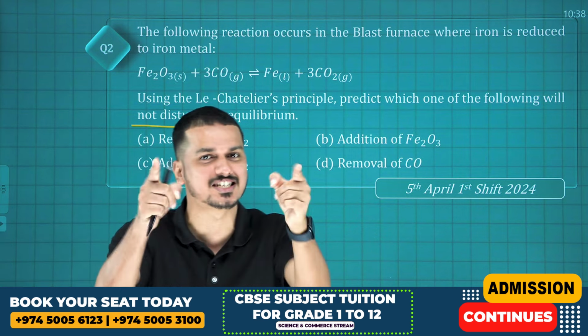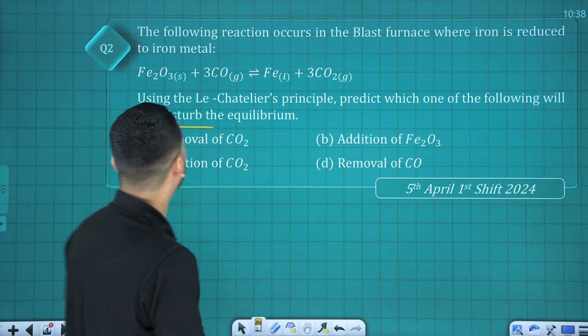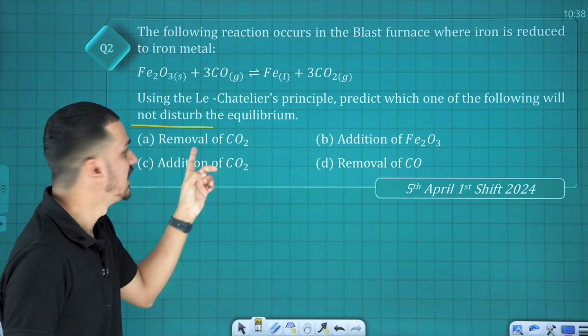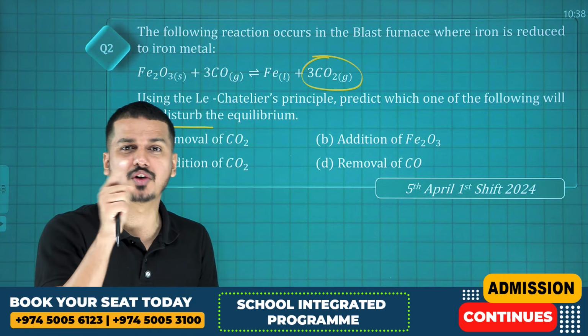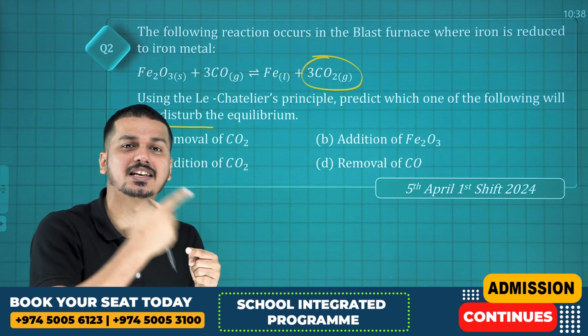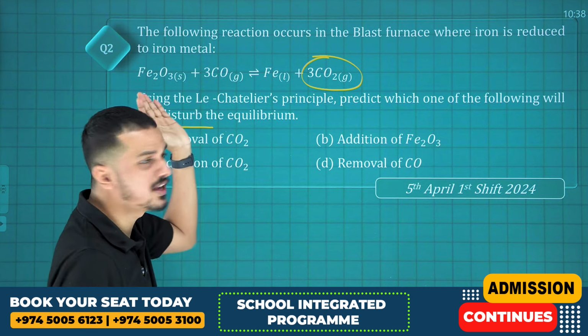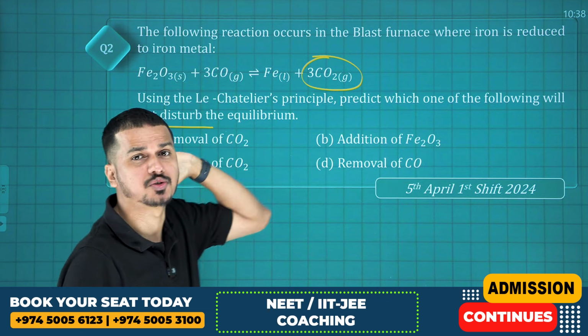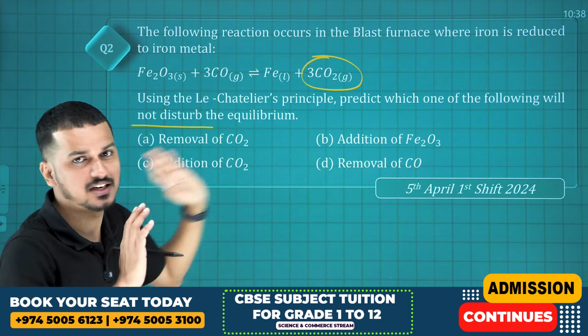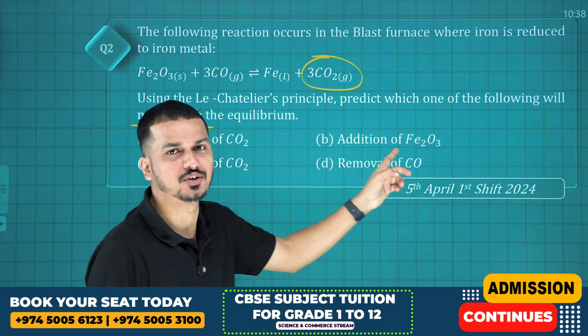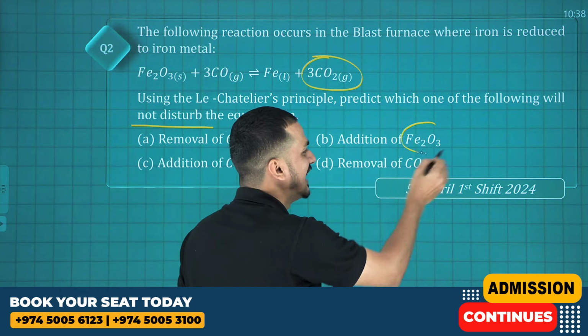See, first option, removal of CO2. Whenever you remove CO2, according to Le Chatelier principle, the system will try to increase the concentration of CO2 by favoring the reaction in the forward direction, towards the product side. So that will affect. Addition of Fe2O3, yes, that is our answer.